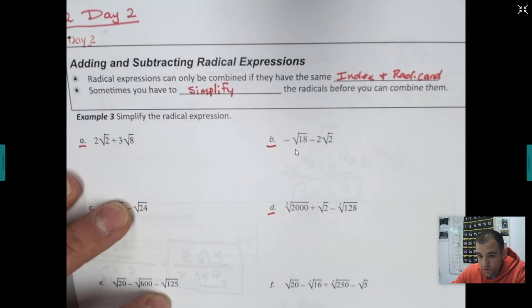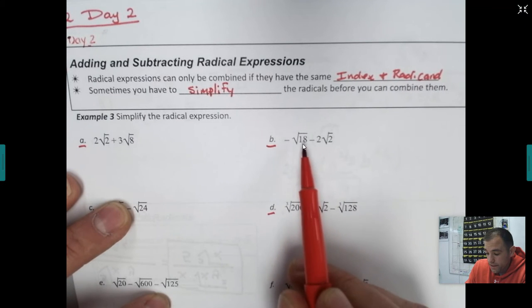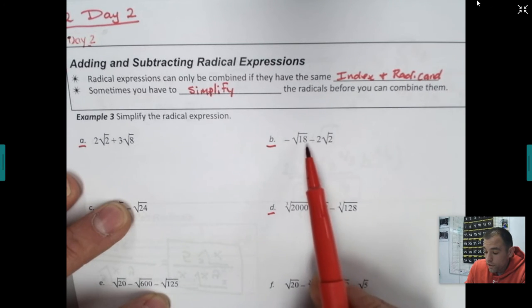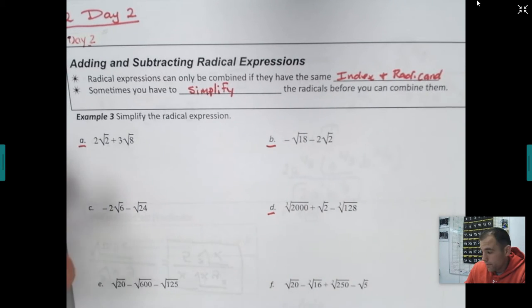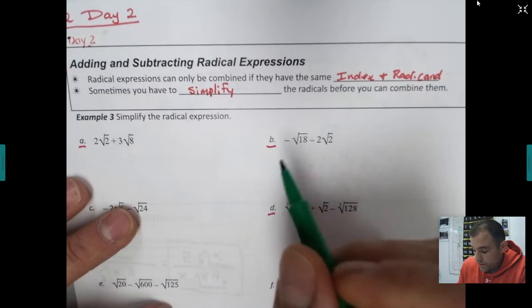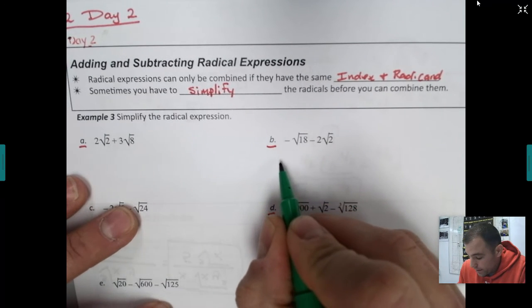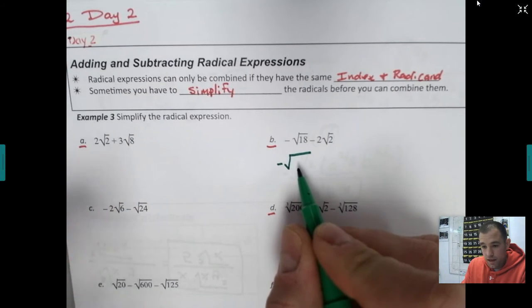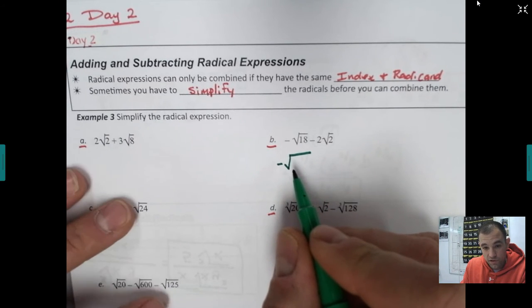Notice that these two numbers are not the same. There's an 18 as a radicand, there's a 2 as a radicand. So we need to make them the same. This is a square root, so what I need to do is try to split up 18 into something times something else, something that's a perfect square.